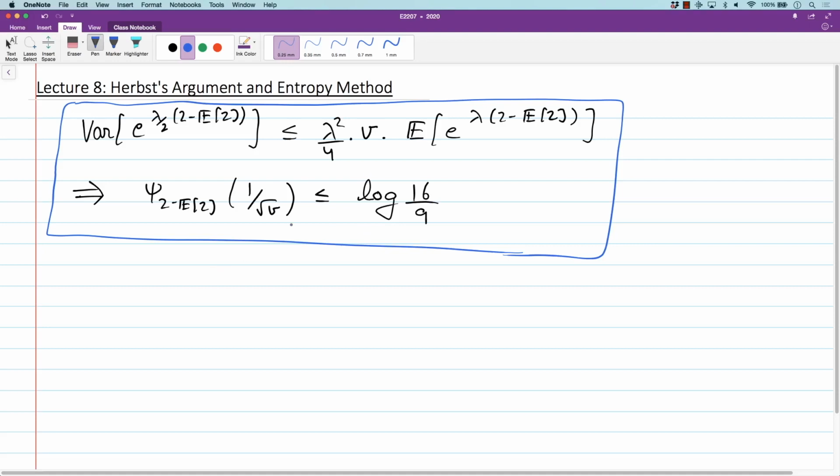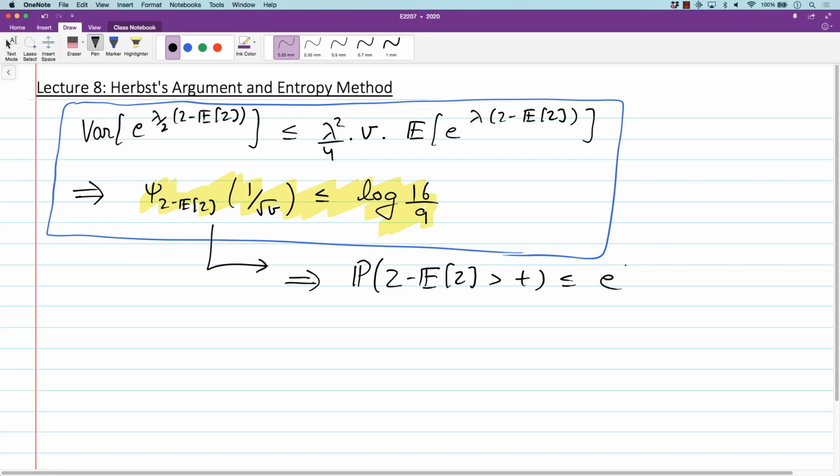So this bound here implies that the probability that the random variable Z minus EZ is greater than t is upper bounded by 2 e to the power minus t by root v. That's something we saw last time.